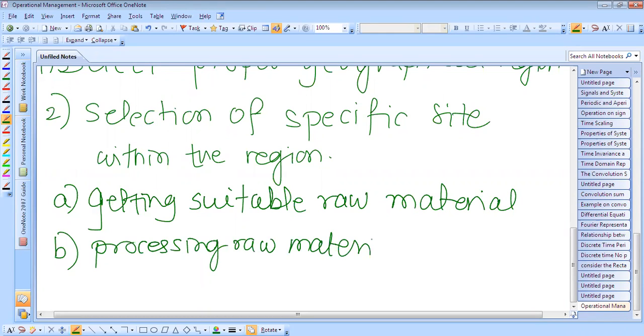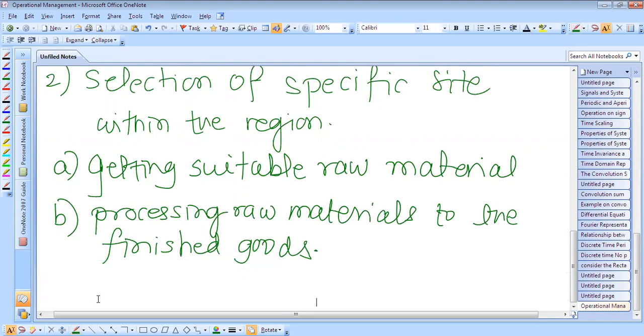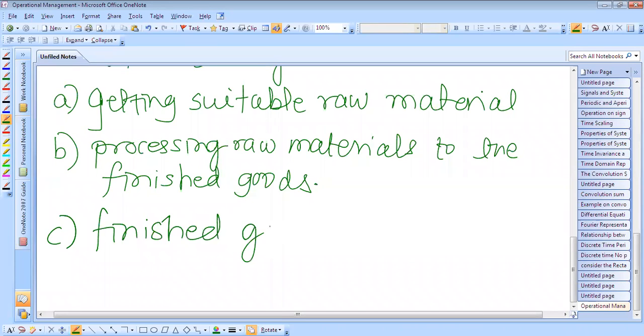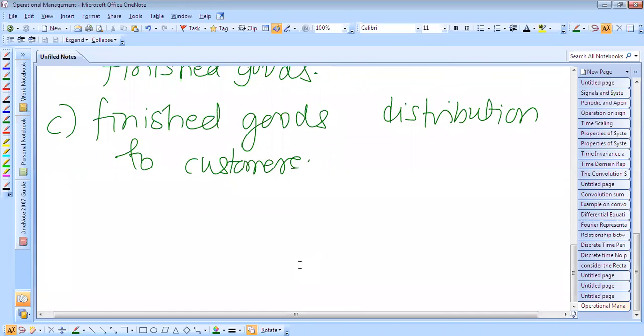And third, once we prepare the finished products, they should be distributed to customers. These are the points we have to consider while designing the plant location.